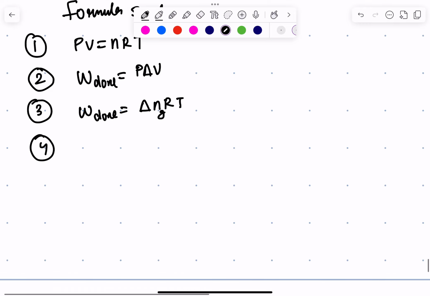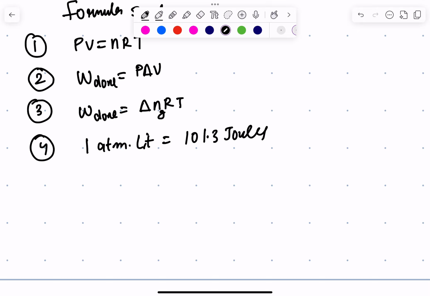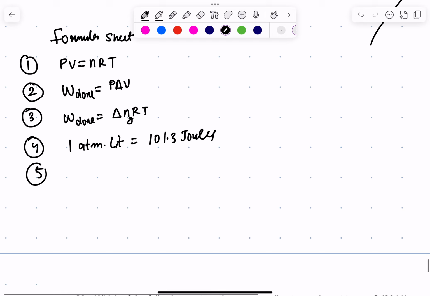Fourth, we have conversions. 1 atm liter is equal to 101.3 joules. 1 calorie is equal to 4.184 joules.